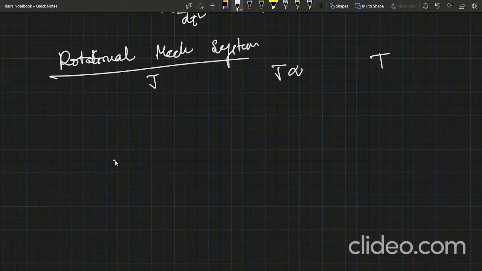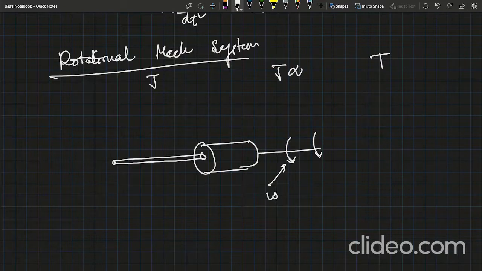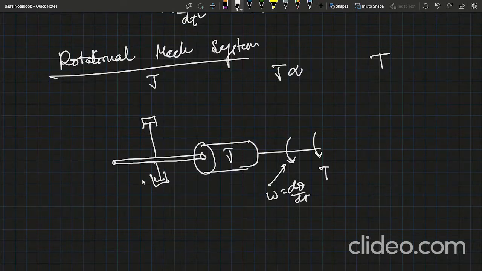Now consider this picture for the rotational system. Here this is the angular speed, which is known as omega equals d theta by dt, and this is the applied torque T, and this is J, and here for this system one damper is used with coefficient f.